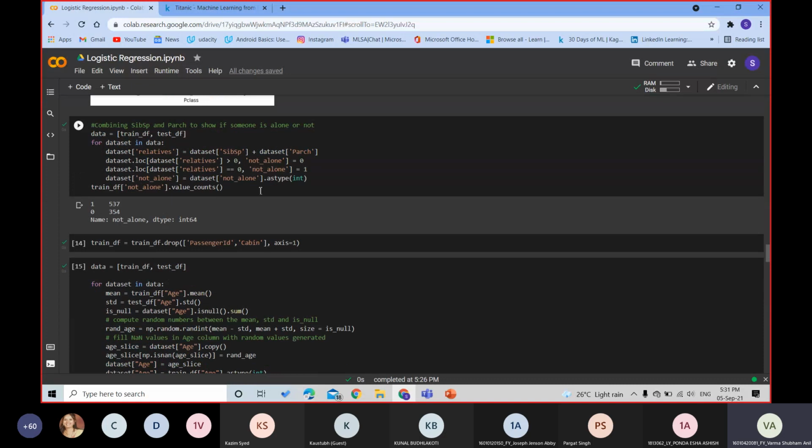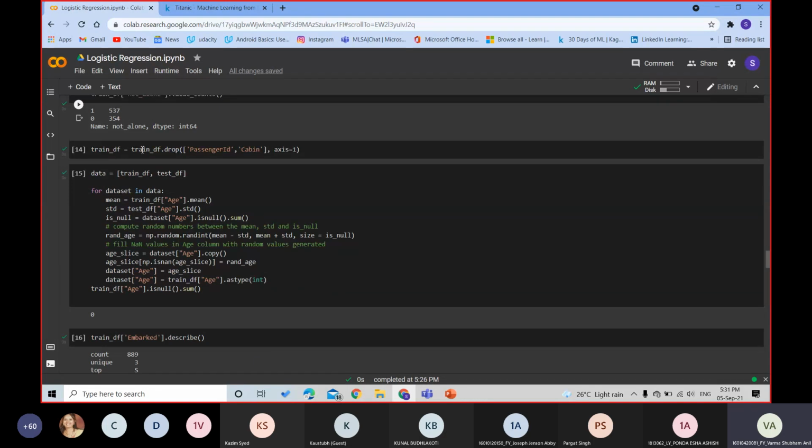I ran through the whole data set and labeled it: if the person was alone, I labeled him 1, and if not alone, I labeled him 0. So I got the count of how many persons were alone and how many were traveling with some of their relatives.